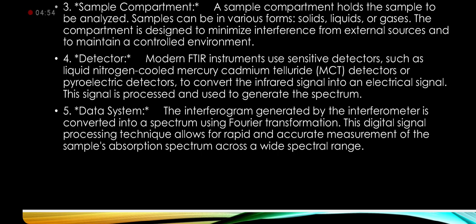The interferogram generated by the interferometer is converted into a spectrum using Fourier transform. This digital signal processing technique allows for rapid and accurate measurement of the sample's absorption spectrum across a wide spectral range.